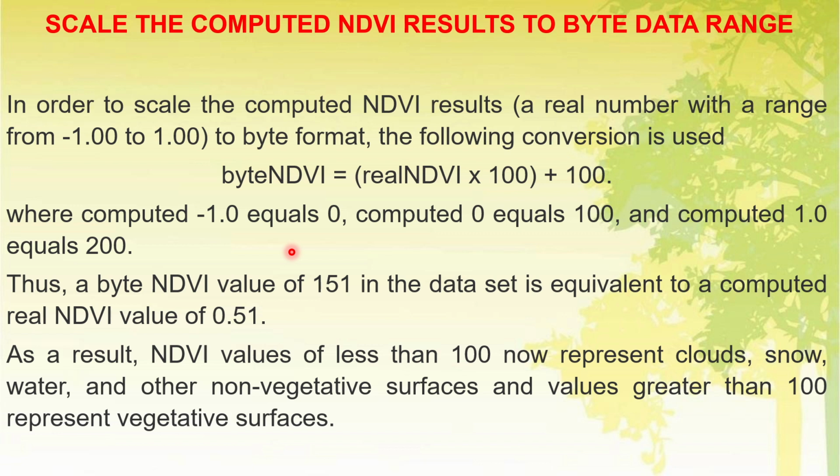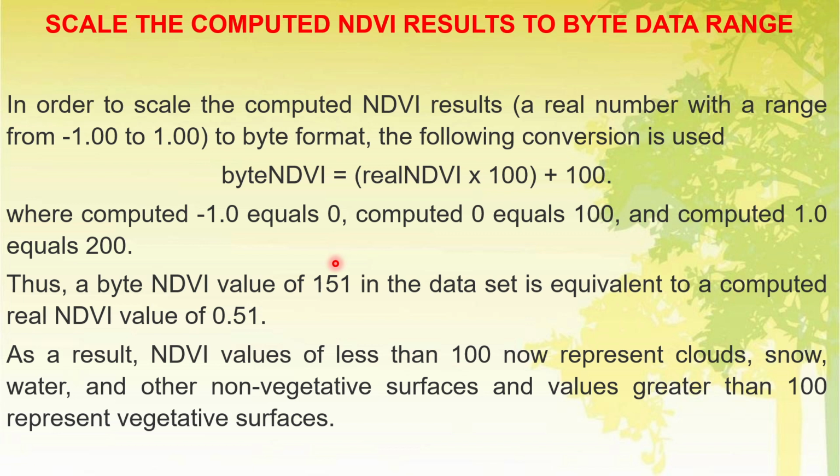If we multiply the real NDVI value with 100, and then add 100 more, then the value becomes 0 to 200. So minus 1 will be 0, and the 0 value will be equal to 100, and computed 1 will be equal to 200.